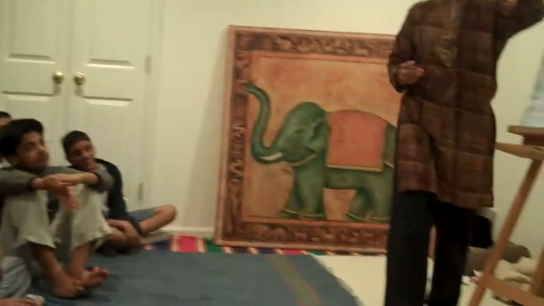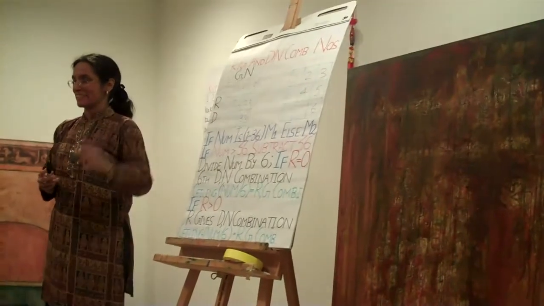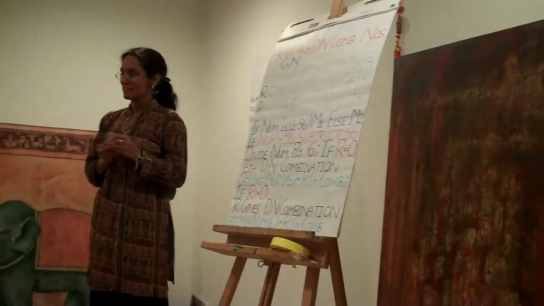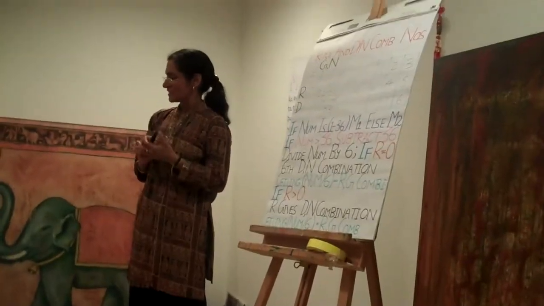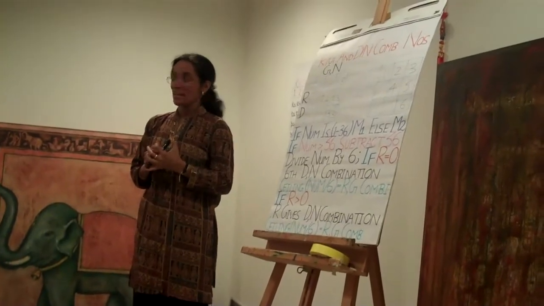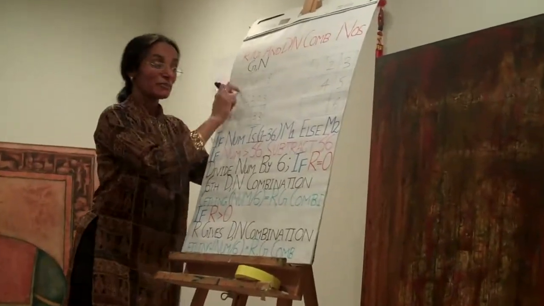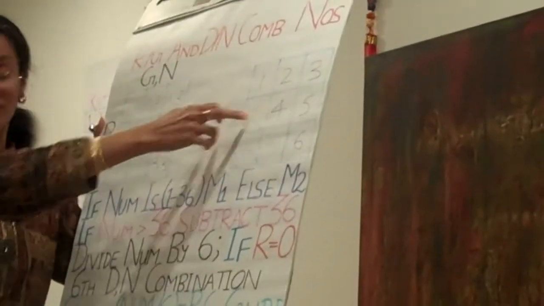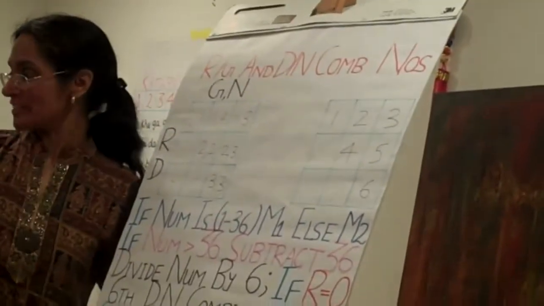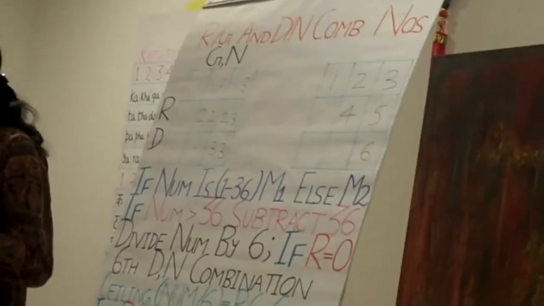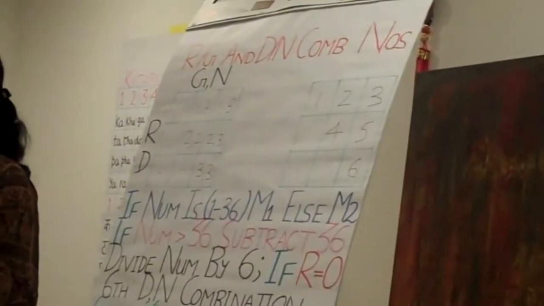I numbered them in order, but there is a reason why I did it that way. Why did I say Ri1 Ga1 combination is 1? Why did I say Ri1 Ga2 combination is 2? Okay? Chakras? Yeah, it is the chakra number.